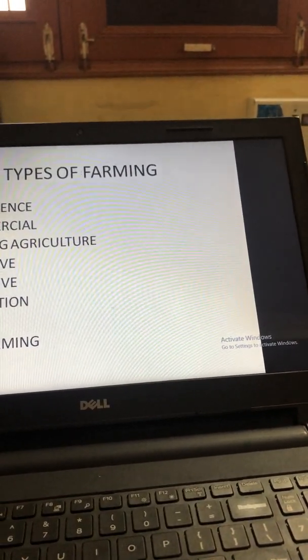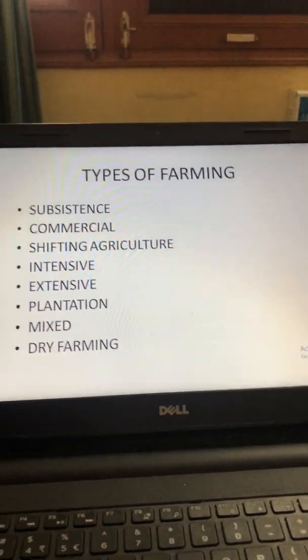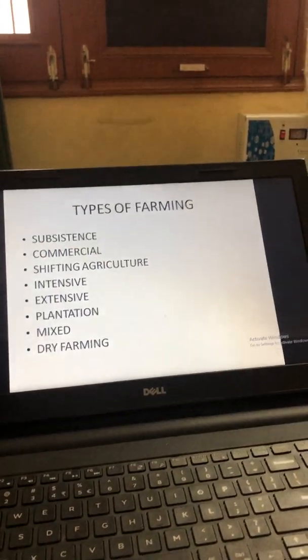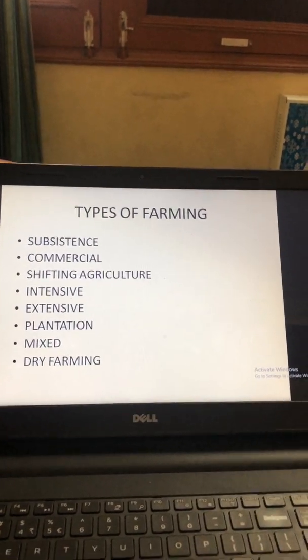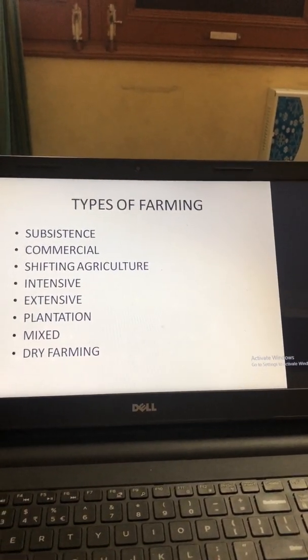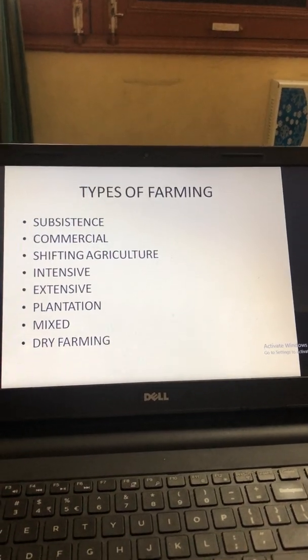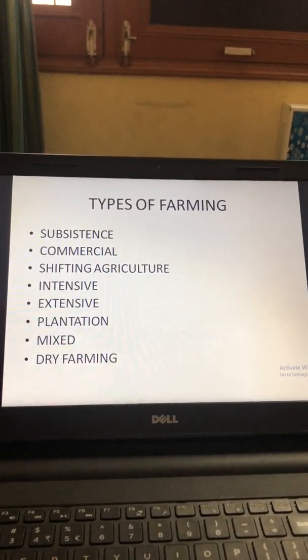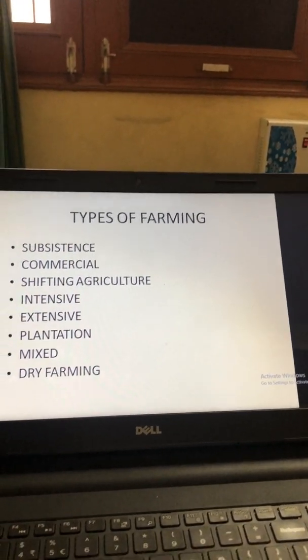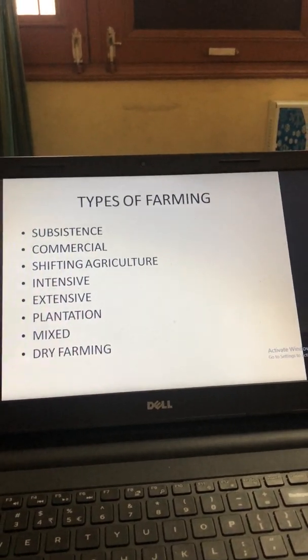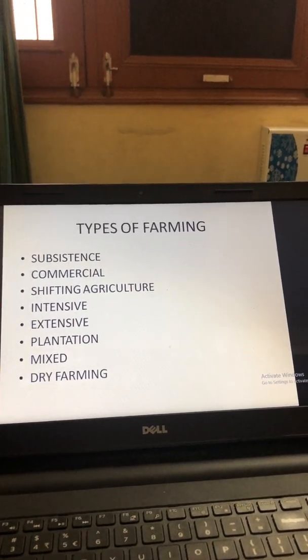Crop yield is very high, but the per hectare yield is very low, because certain parts of land are left fallow, meaning they're not cultivated, so that the piece of land regains its fertility. Then lots of fertilizers and pesticides are used, and the per hectare yield is low, but the total yield of the land is very, very high.